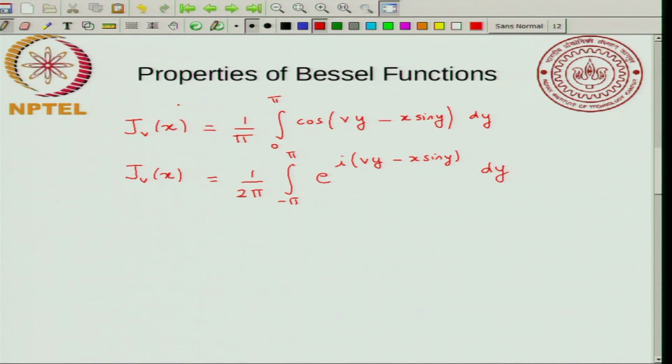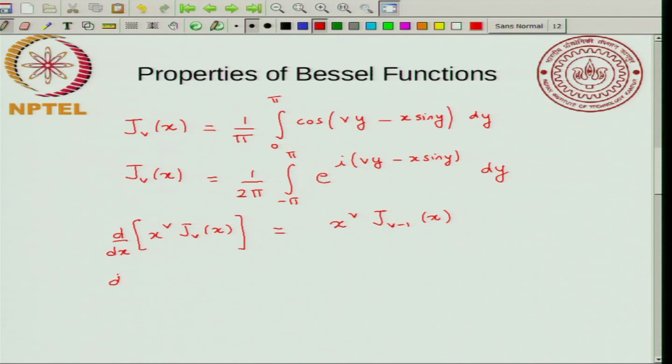Now what are the other interesting things about Bessel functions? Suppose I take d by dx of x raised to v times Jv of x. I take the derivative with respect to x of this whole thing, I get x raised to v J(v minus 1) of x, okay.